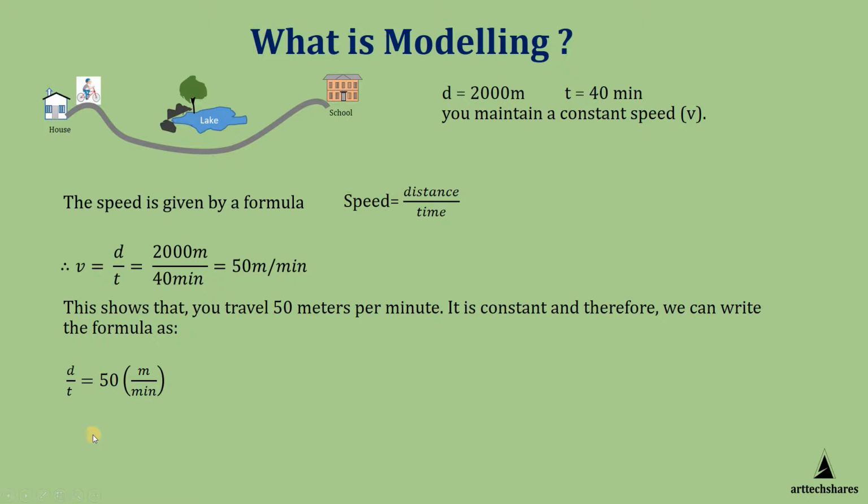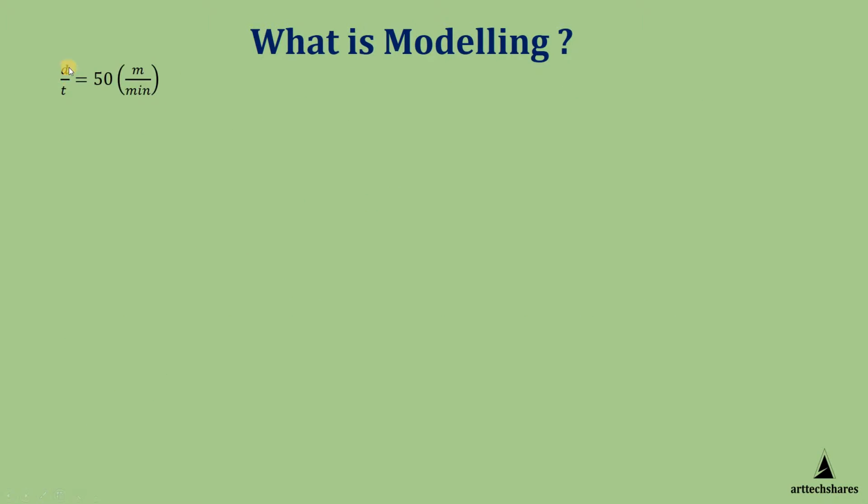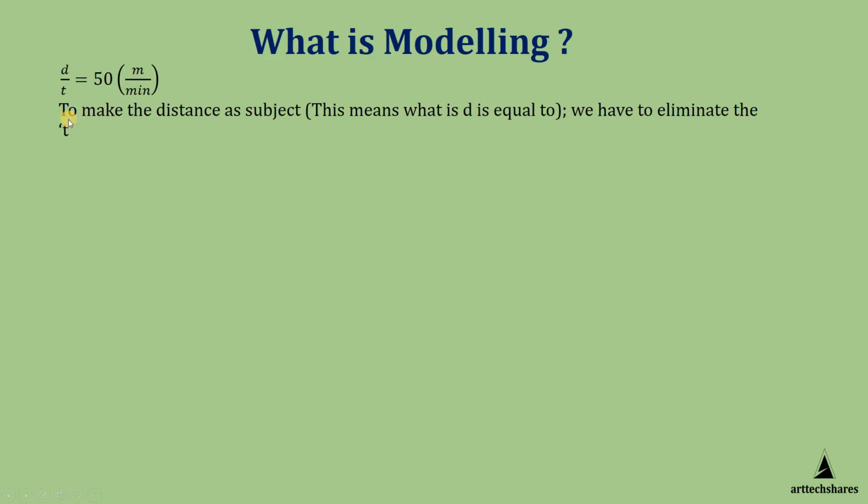So we have to rewrite this formula. We have to take the D as subject. To make the distance as subject, this means what is D is equal to? So we have to rearrange the formula. So we have to eliminate the T in the denominator. So what we do, we have to multiply the equation by T. So D divided by T, so we multiply T in both sides.